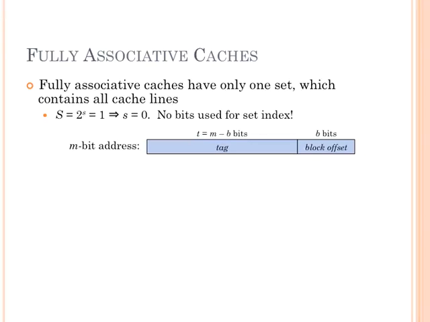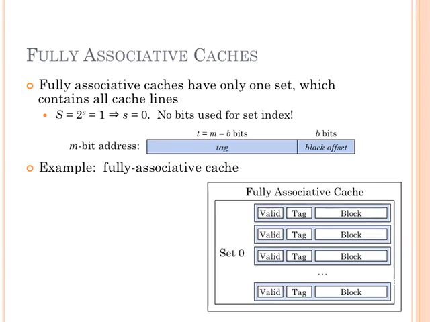Fully associative. Notice I no longer have cache set bits. Because I have how many cache sets? 1. Well, 2 to the 0 is 1, so I don't need any bits for the cache set index. All of the remaining bits are tag, which you can already start saying, oh, okay, well now my comparisons are also more expensive because I have more bits that I have to look at to have unique tags. So this would be an example of a fully associative cache.